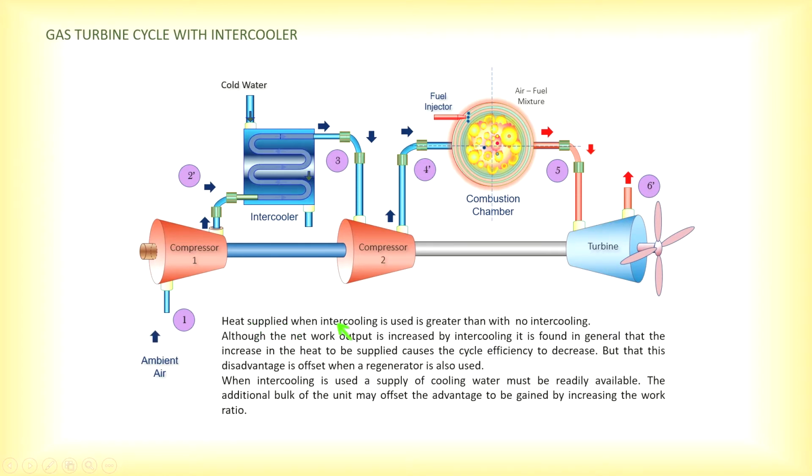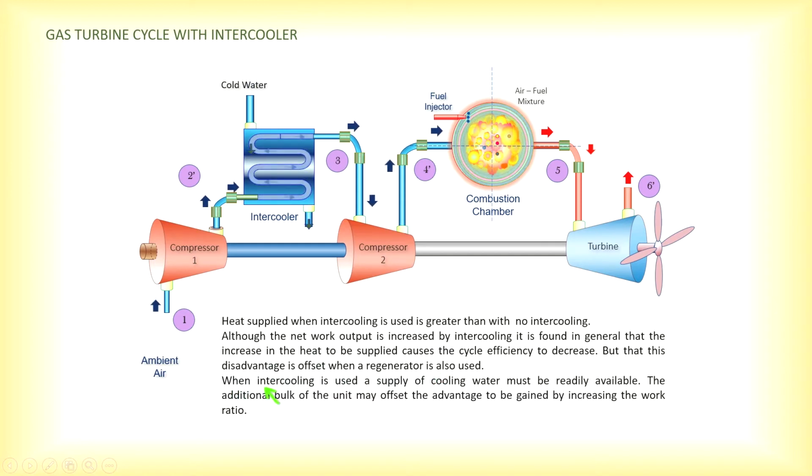heat supply when intercooling is used is greater than with no intercooling. Although the network output is increased by intercooling, it is found in general that the increase in the heat to be supplied causes the cycle efficiency to decrease, but that this disadvantage can be offset when a regenerator is used.